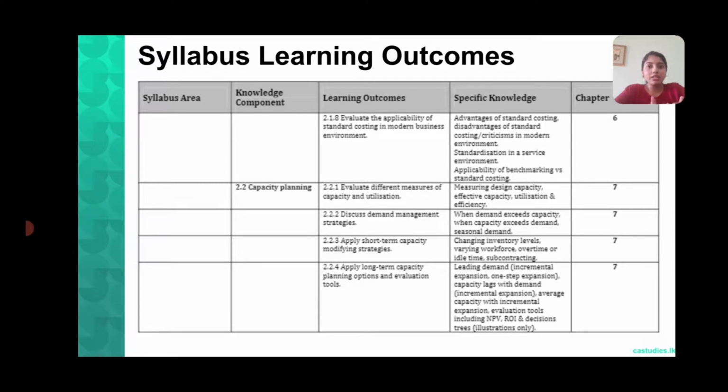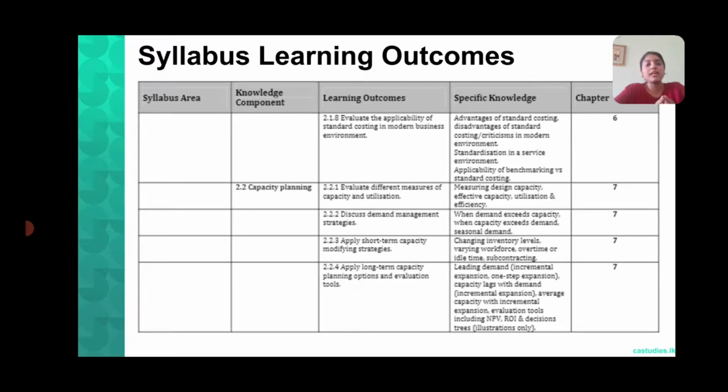So a new knowledge component we come across, which is 2.2 capacity planning. So capacity planning is covered in chapter 7, and it's also about evaluating, discussing, applying.